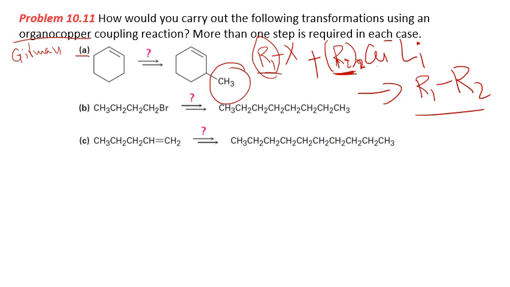So the coupling reaction must be between an alkyl halide, which is possibly this molecule, which has a chlorine, with a Gilman reagent, probably dimethyl copper lithium.